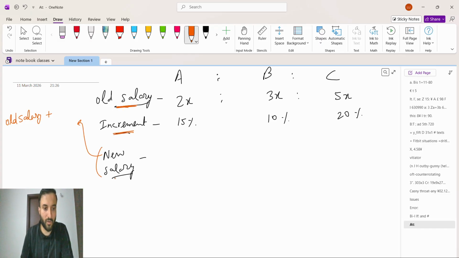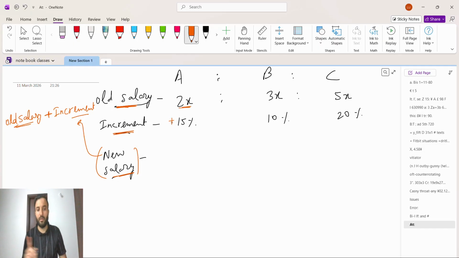If someone asks what your new salary is, you will say the old salary was, suppose, 20,000 and the increment is 5,000. So old salary plus increment, 20,000 plus 5,000, you will say 25,000 is my new salary. New salary means old salary plus increment.